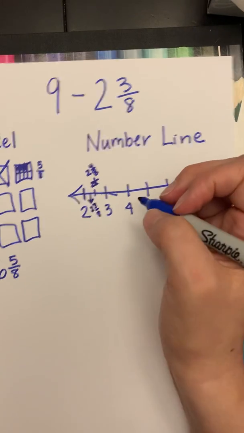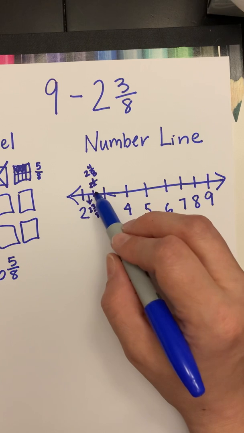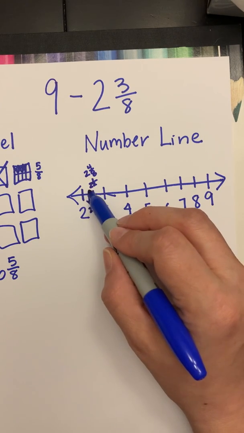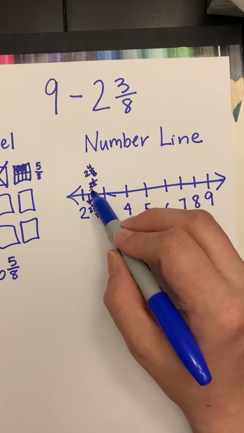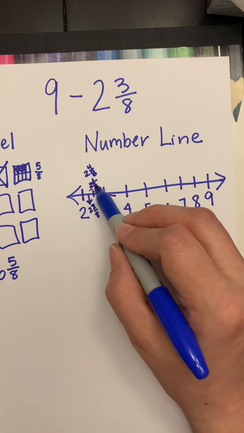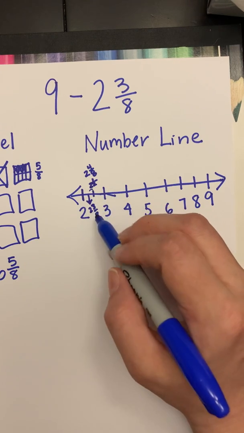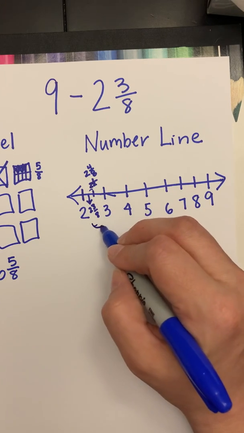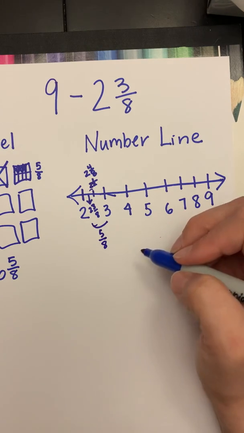We would figure out, how many eighths does it take to get to 3 wholes? I know it takes 1/8 to get to 4/8, and I know 4/8 is halfway between 2 and 3, so it must take another 4/8 to get to 3 wholes. So basically, between 2 3/8 and 3 wholes, that space right there would be 5/8.